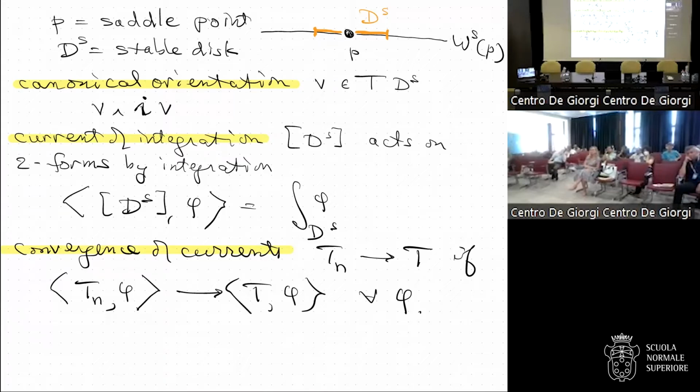And now, when we're looking at currents converging, what that means is that anytime I put a test 2-form phi against these currents, it converges for all phi. So that's the sense of convergence. Treating things as a current gives us a completely new sense of convergence, different from convergence in the Hausdorff metric or something. This is just something totally new.